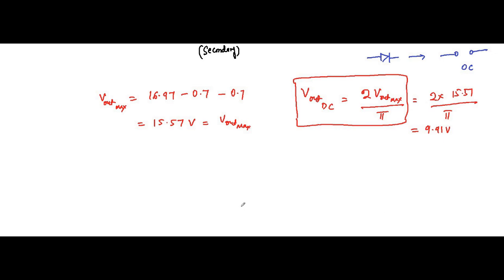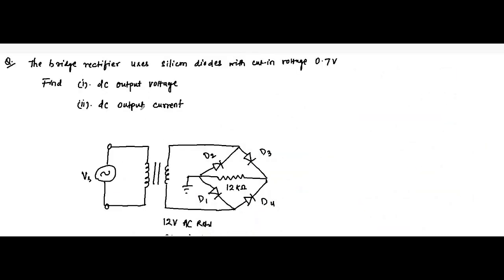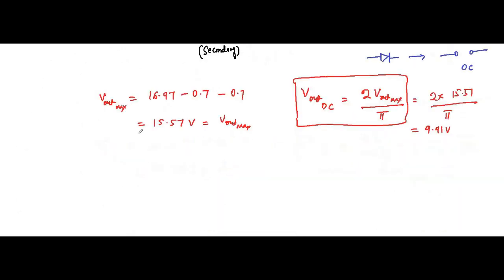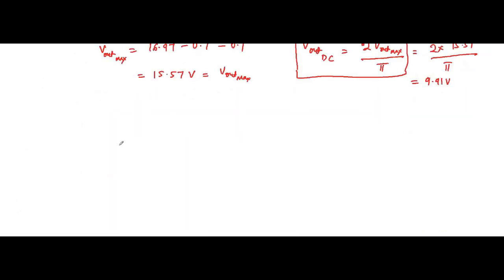Then, having determined the DC value of the output voltage, the DC value of the output current is simply V out DC by RL, which is 9.91 volt by 12 kilo ohm.